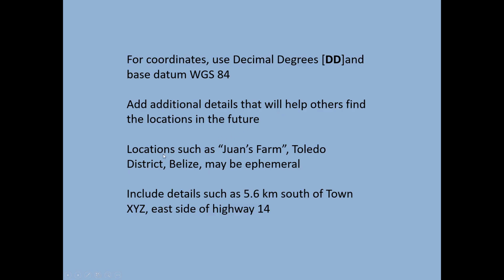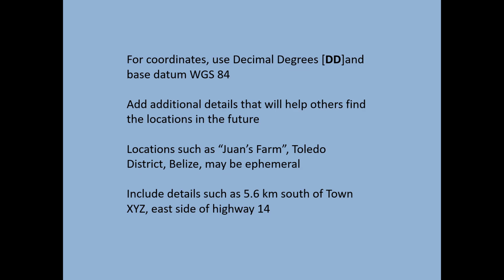Some people are using vague or ephemeral location names, such as Juan's Farm, Toledo District, Belize. That may sound really good to you now. You may know Juan. He may be the uncle of your wife or your brother or somebody you've met at some point.